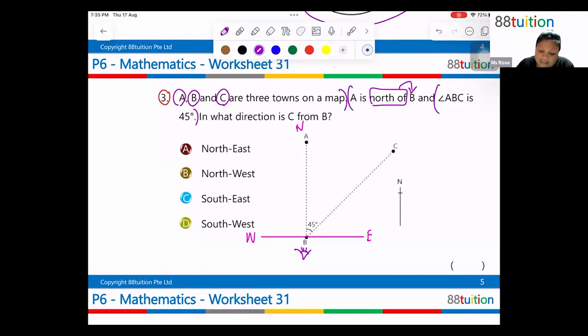Now, in what direction is C from B? Again, your eyes are here. From B, what is C? Right, so here will be between north and east. So it is north east.